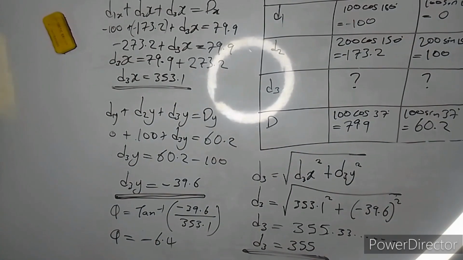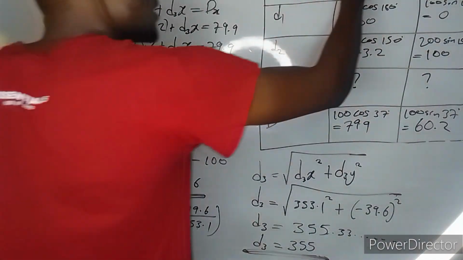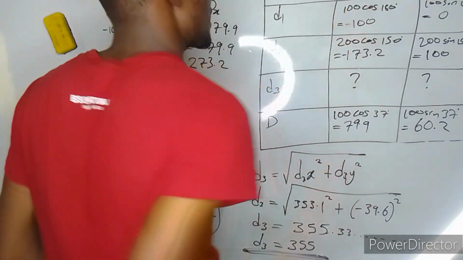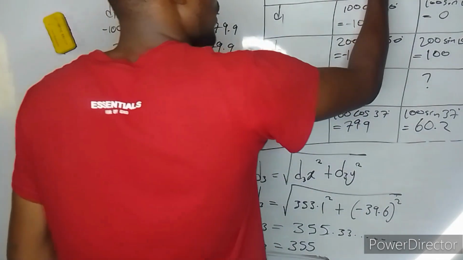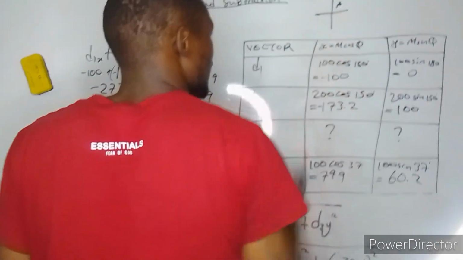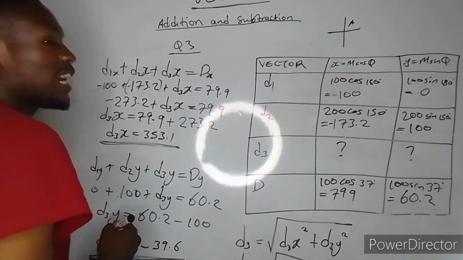What are we supposed to do there? When you find such a situation, remember we have got what is called the Argand diagram. In the Argand diagram, we have all positive in one quadrant.